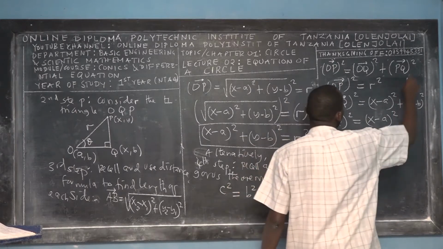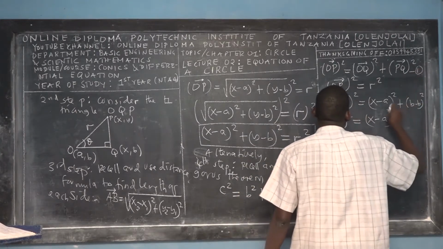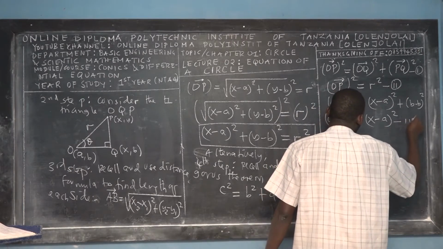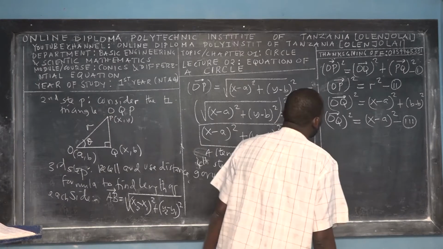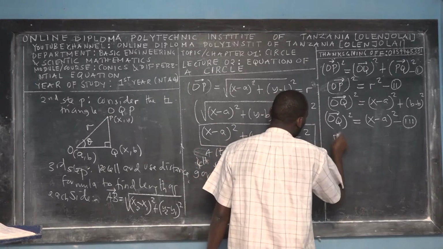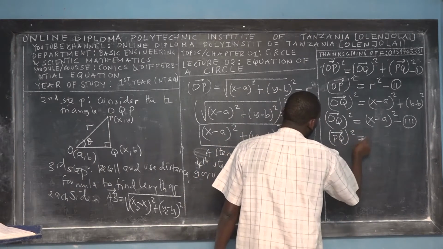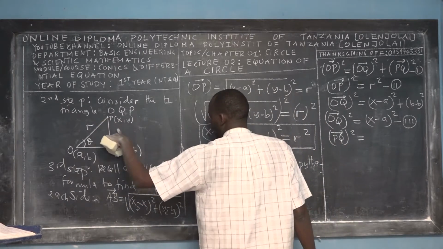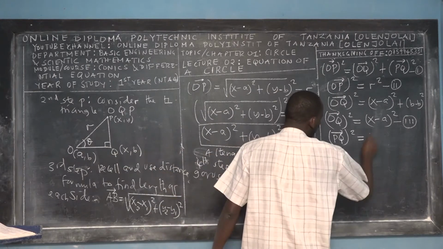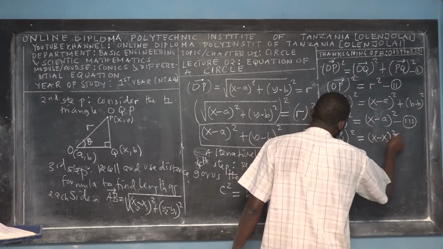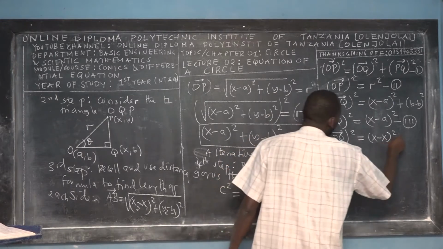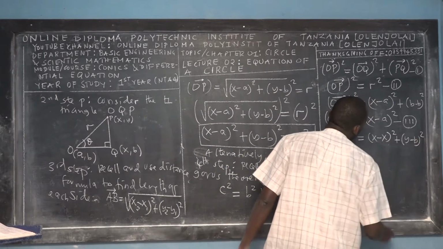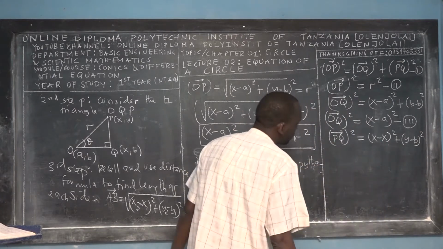Suppose that this is the first equation, this is the second equation, and this is the third equation. Then we have PQ. We take the x coordinates, x minus x, squared, plus y minus b squared. So x minus x is 0, and 0 squared is 0.